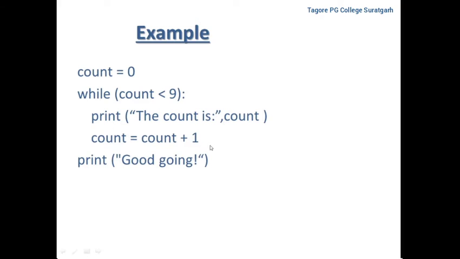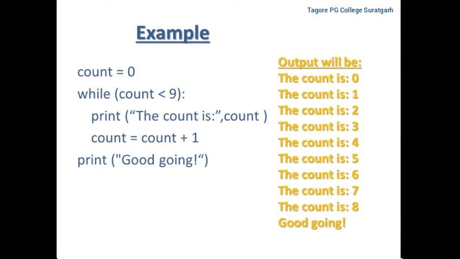When we execute this program after saving, we see the output: the count is 0, the count is 1, and as I stated earlier, this loop executes while count is less than 9, meaning 0 to 8. After all the statements printed again and again with their values, the ending statement "good going" is printed because it was outside of the while block.